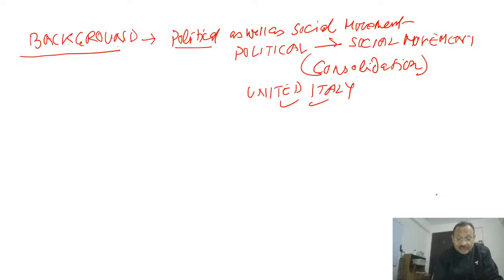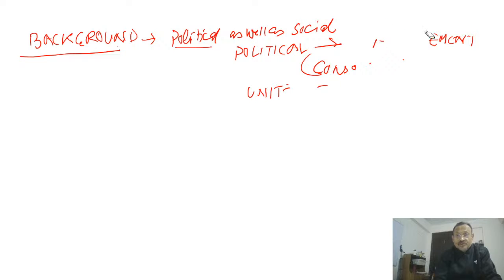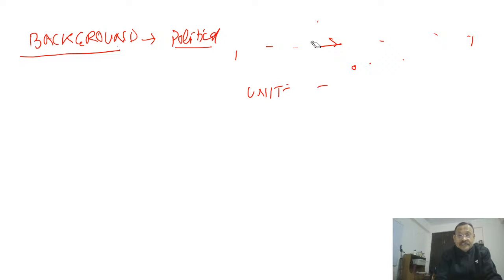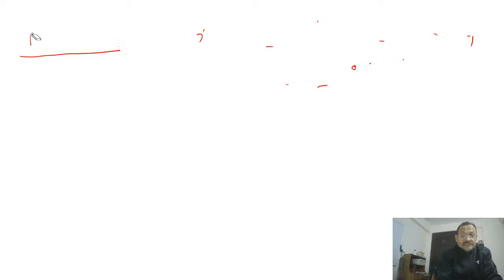Another important thing: the earliest Italian national movement and the role of the Carbonari. The Carbonari were very significant and revolutionary. In other words, you can identify them as the personality of the extremist, revolutionary part.